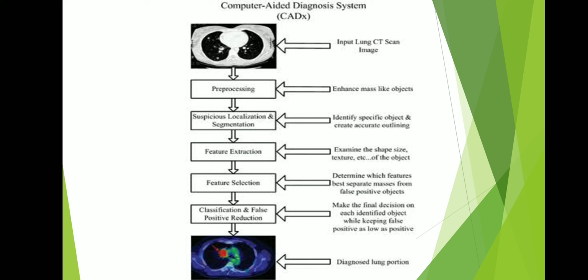All those parts which are actually of similar kinds will be classified in one class. Likewise, various similar types of characteristics will be classified into various classes, that is making the final decision on each identified object, while keeping the false positive or less positive ones in a separate column.